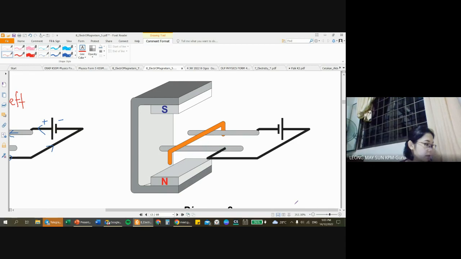Okay, Edmund says towards the right. What about the rest? I can give you guys one more minute before I start explaining it again.